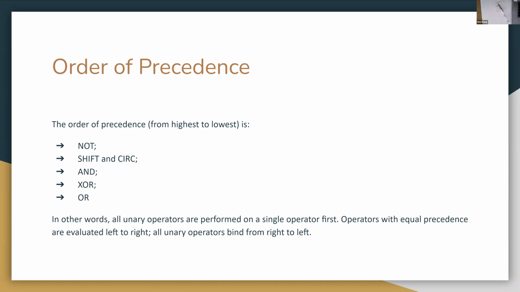If you think about it, it makes sense: and is sort of like multiplication, and xor or or are sort of like addition and subtraction type operators. So you can kind of remember the order of precedence that way.